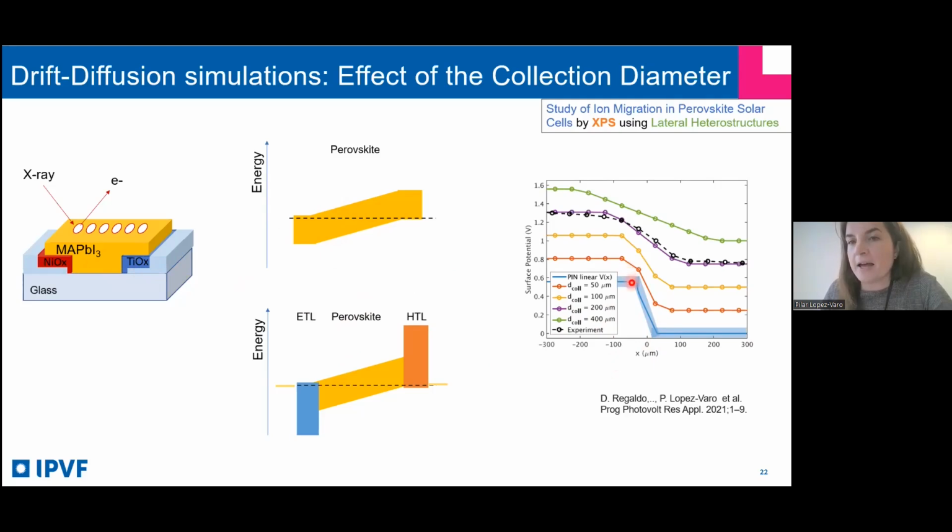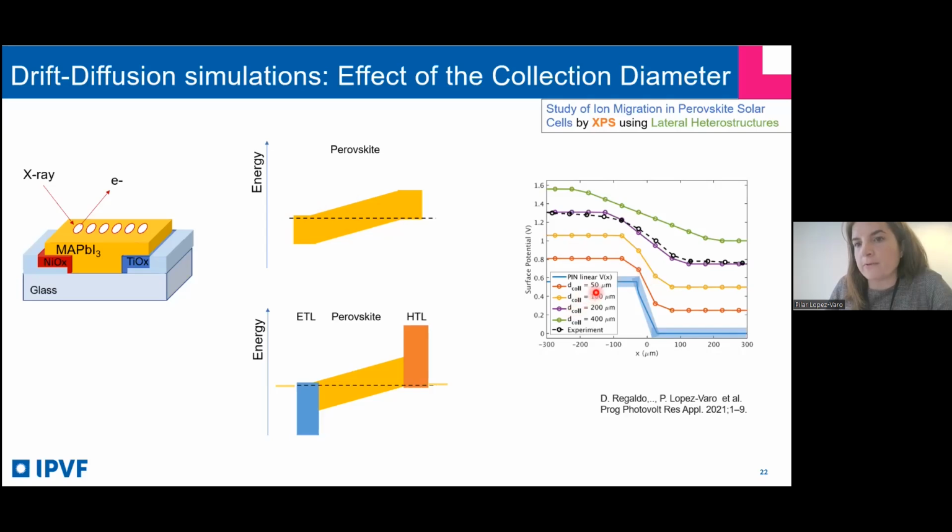So all the information of our solar cell is basically in the channel. And if the spot size is nanometer, for example, we should get the same as we have in the simulation. But as soon as our spot size is bigger, we are getting information of all this part, of this region and this region, and we are losing information.